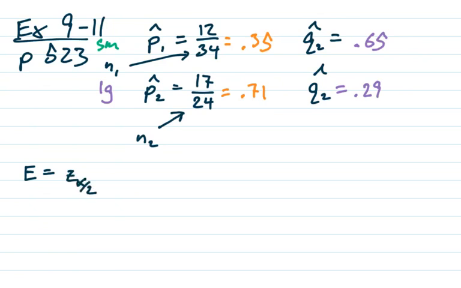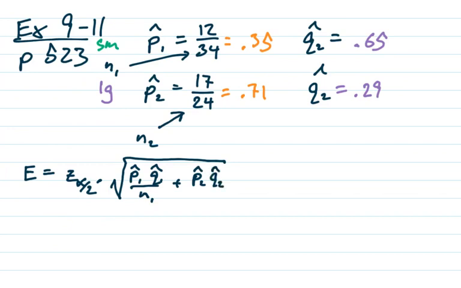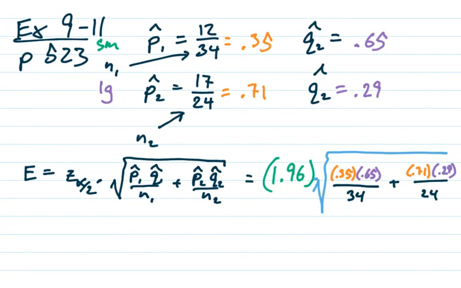So we need to find a critical Z value, and then here it's going to be P1 hat times Q1 hat, all divided by N subscript 1, plus P2 hat Q2 hat, all divided by N2, and all of that underneath the square root. Yes, so we substitute everything into its correct place and work this out.